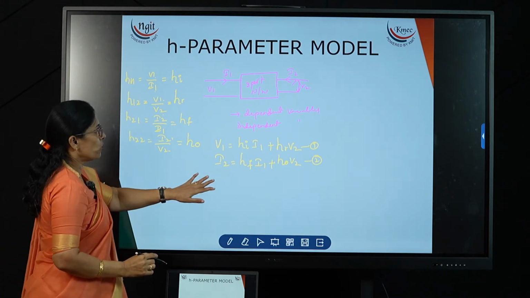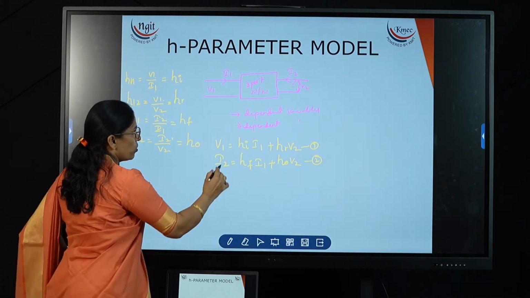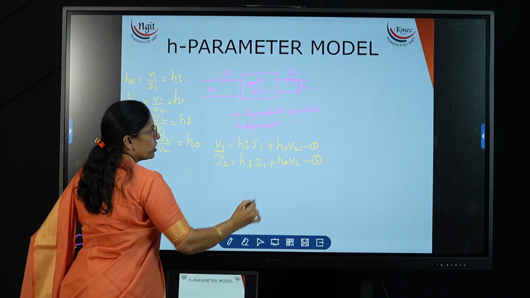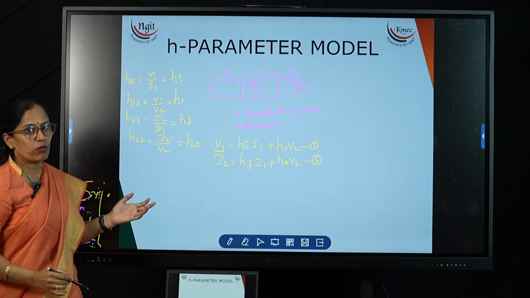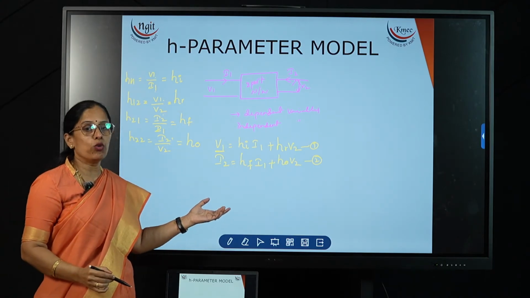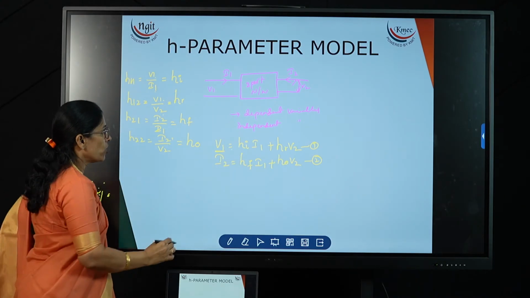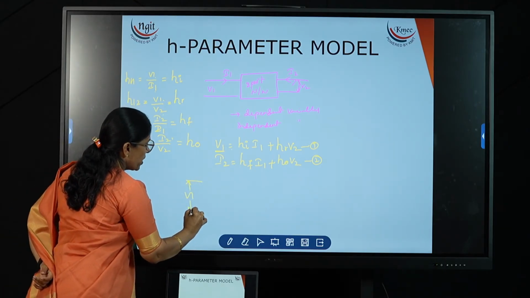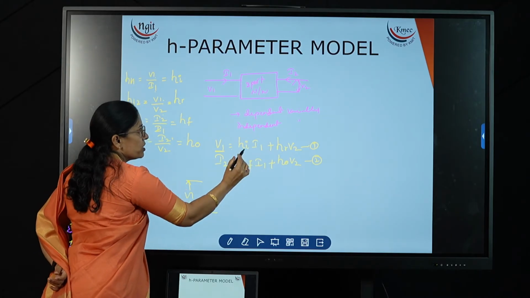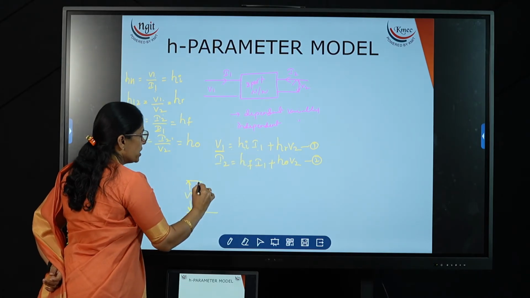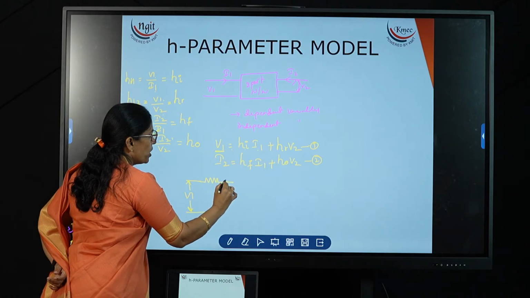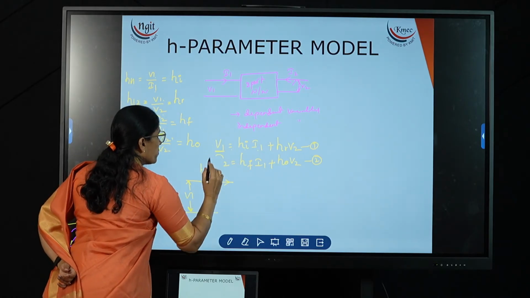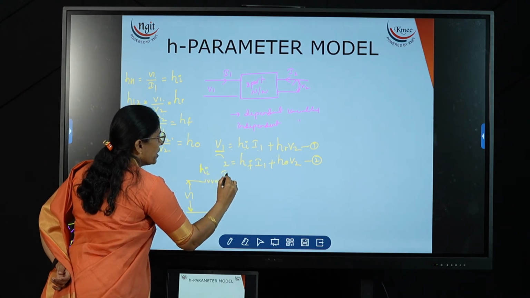Now if I try to draw the diagram for this, the input voltage has two voltage drops, so we have to take the loop for the input side. Here I am taking V1 as the applied voltage. The first drop is current into impedance, this impedance HI with current I1.